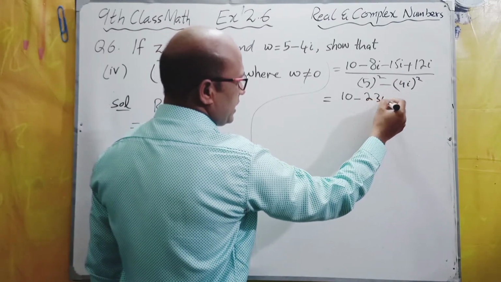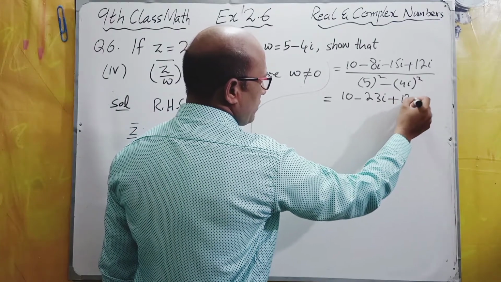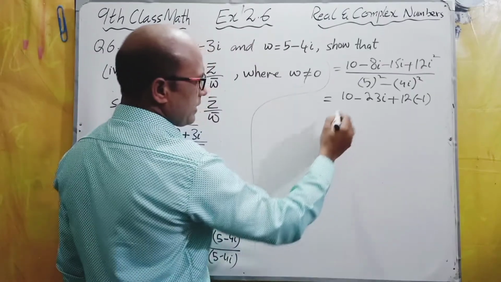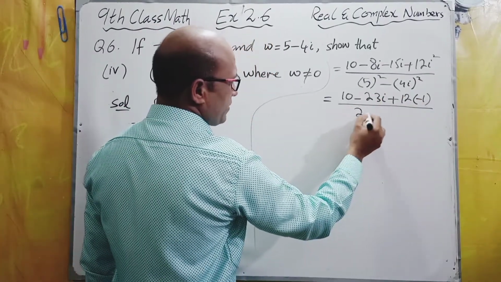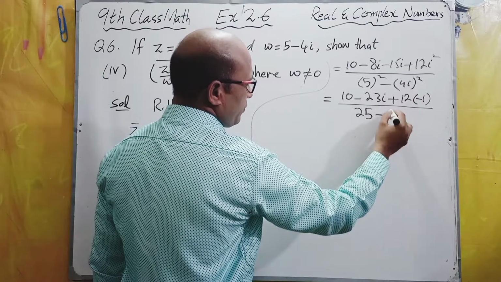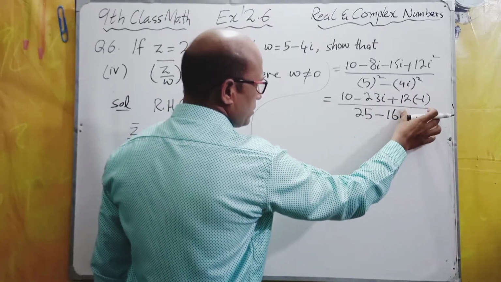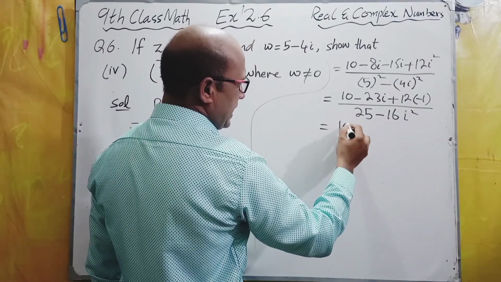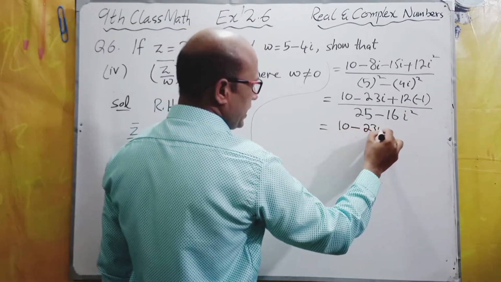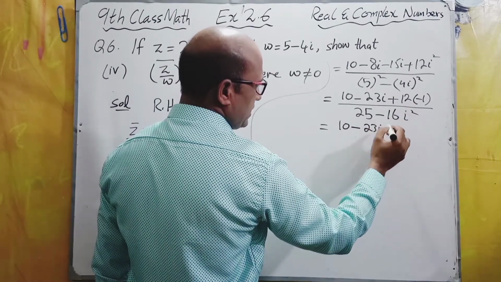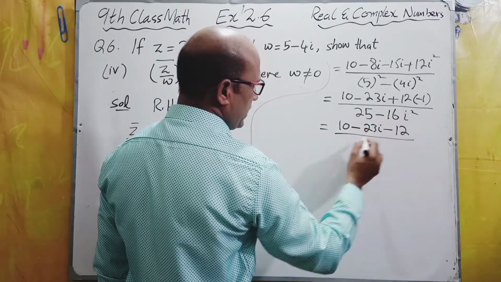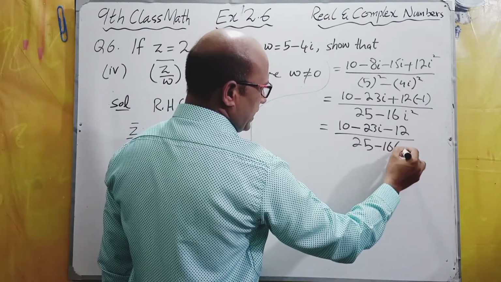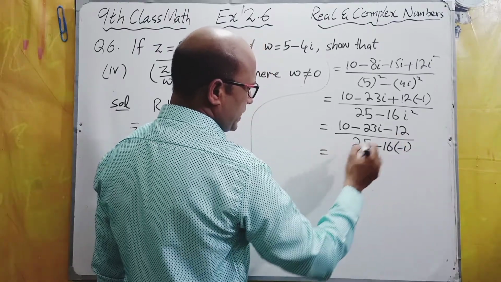We'll get 23 iota and plus 12 into minus 1, the value of iota square. So 5 5s are 25 minus the square of 4 which is 16 into iota square. Now 10 as it is, minus 23 iota as it is, plus minus 12 ones are 12, over 25 minus 16 iota square into minus 1, the value of iota square.